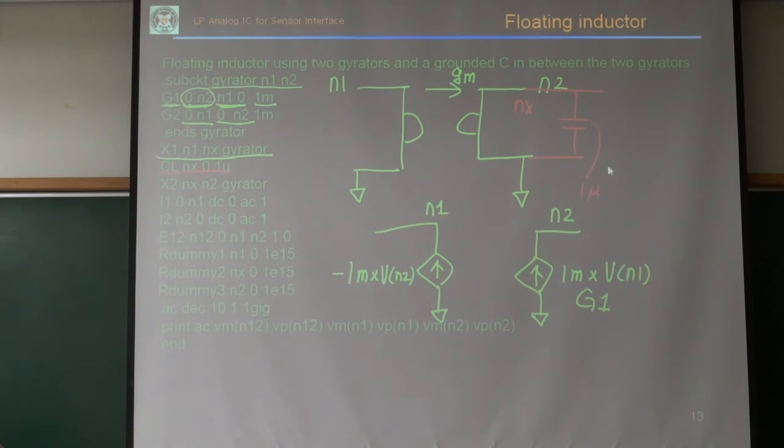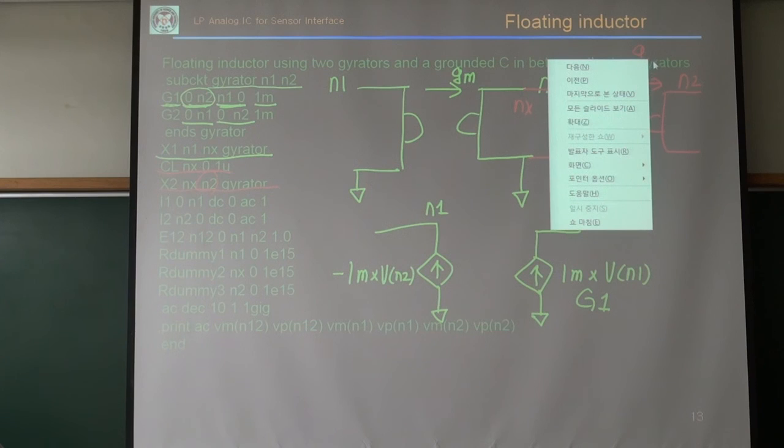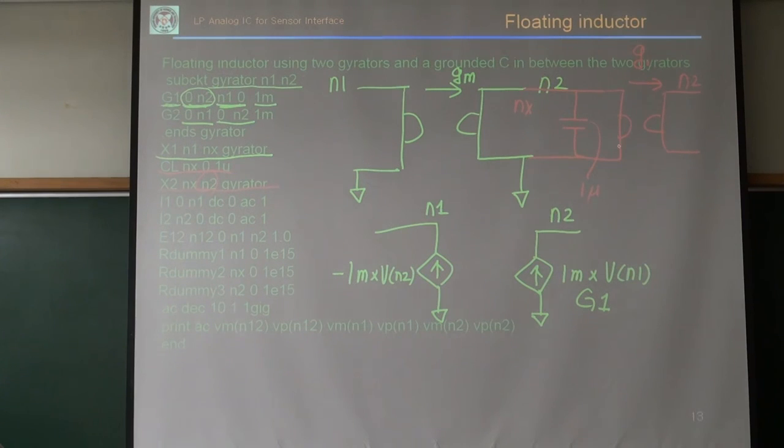And then there is another gyrator here, X2 gyrator, to N2. This goes in the same direction, 1 millisiemens, same direction from NX to N2.